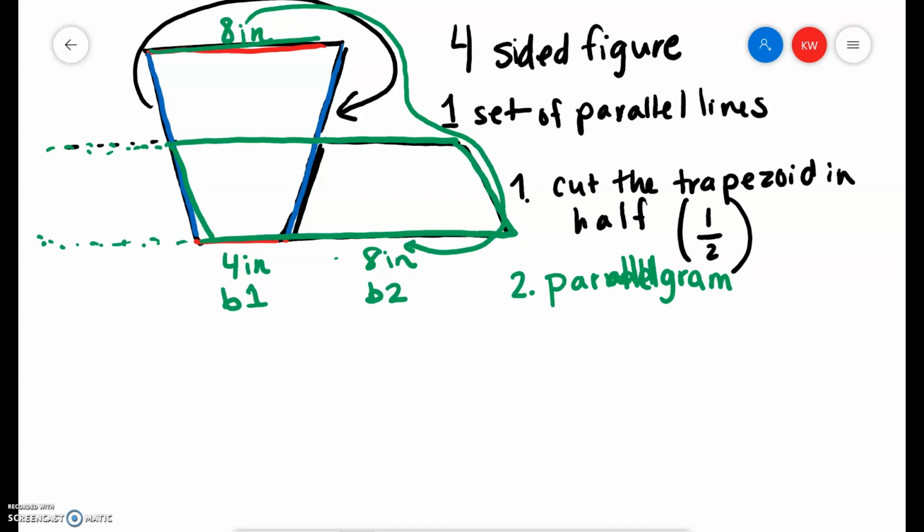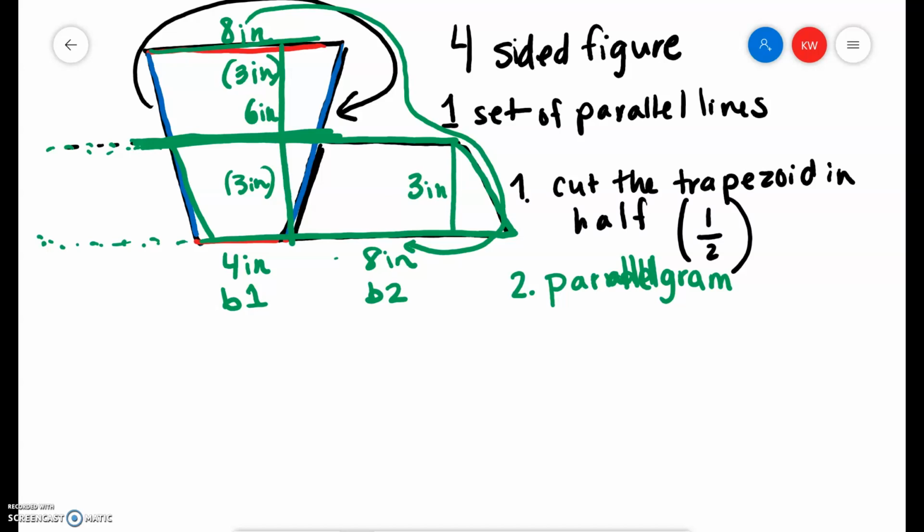We're also given the height of the trapezoid at first. But when I cut the trapezoid in half, I also ended up cutting the height in half. So we have 3 inches and 3 inches. That means the height of this parallelogram is 3 inches.